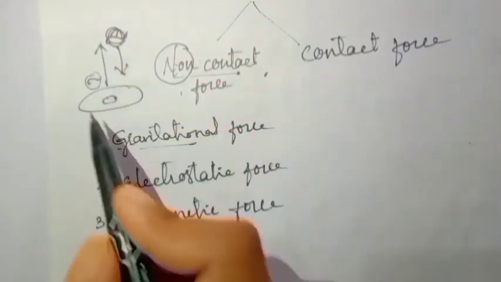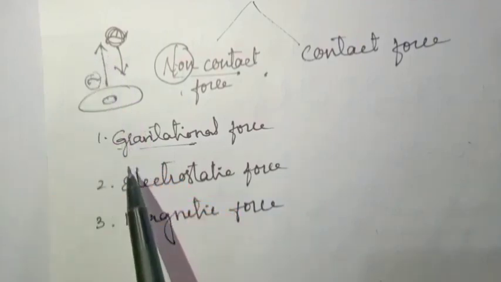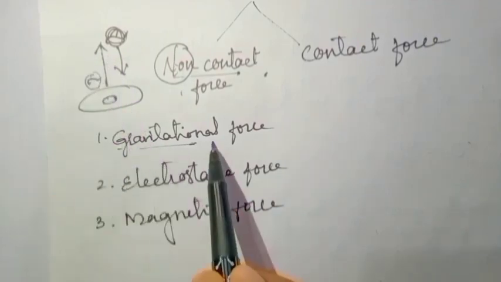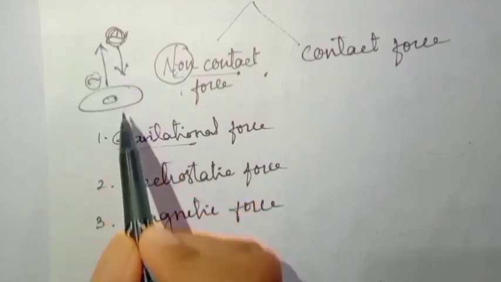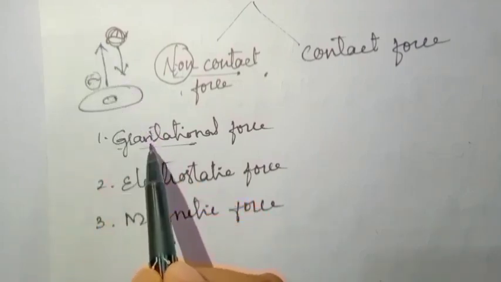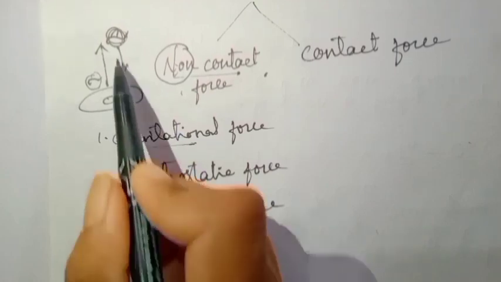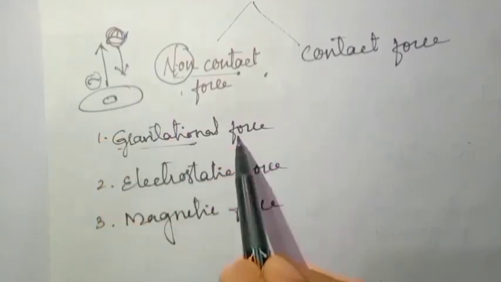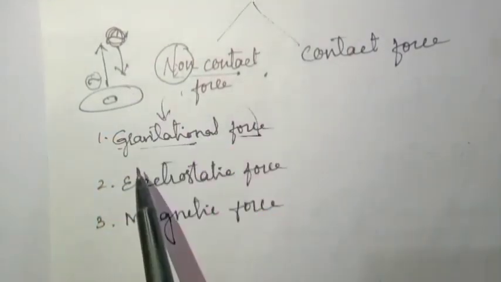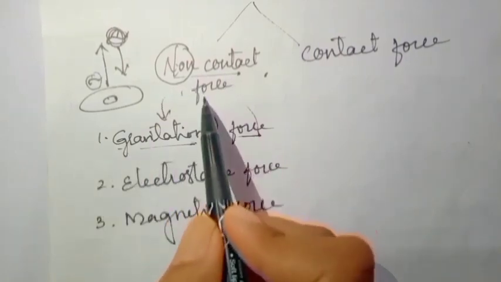Yes or not? Whenever you throw any object from the earth, it will come back to the earth because of what? Gravitational force. Is it clear? And when the ball is coming back, is it in contact with the ground? No. There is no contact between the earth and this ball, but still the ball is coming because of this force. Which force is that? Gravitational force. And hence such kinds of forces we call non-contact forces.